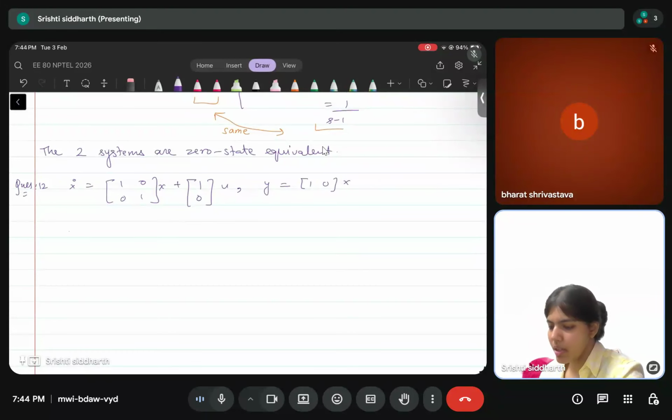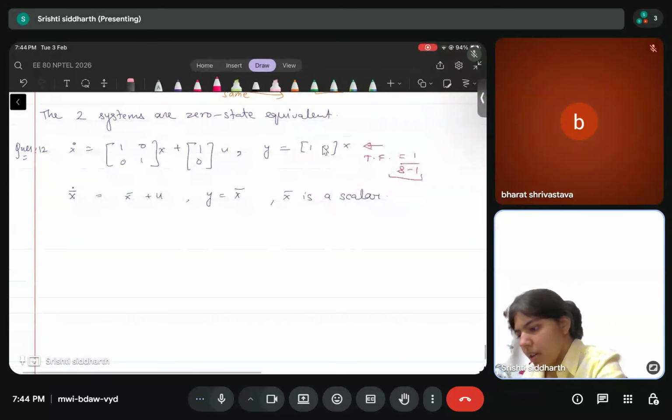So x bar dot is x bar plus u, and y is x bar. So x bar is a scalar. Now we have to prove equivalence between a second order system and a first order system. You can observe that this is the same system as in the previous question, and the transfer function was simply 1 over s minus 1, which means that it could be represented by just one state, right? The degree of this is 1.